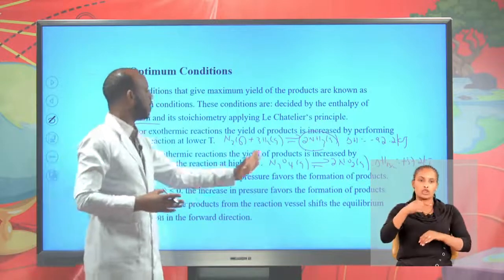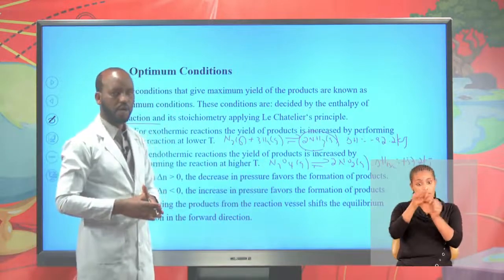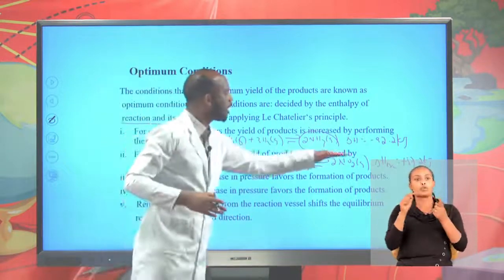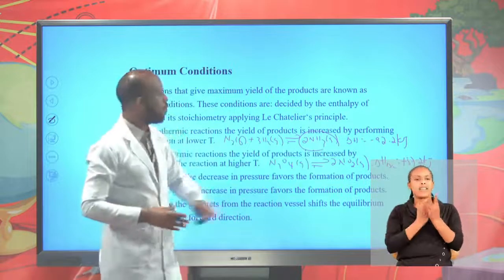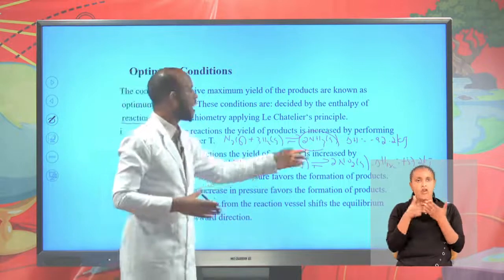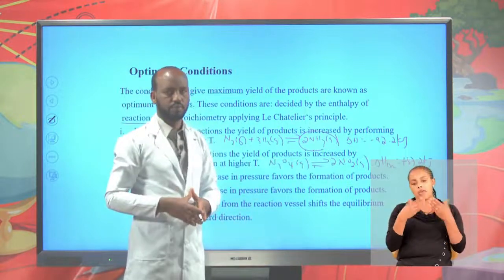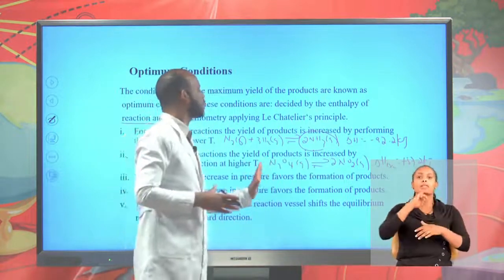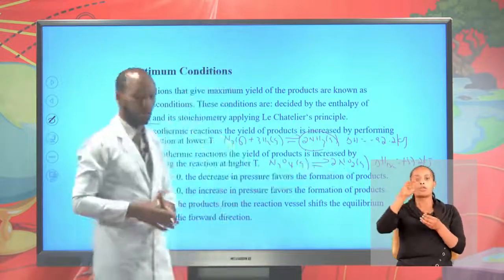When the temperature of this system increases, equilibrium shifts to the endothermic side. More products are formed. Therefore, formation of product is favored when temperature increases for an endothermic reaction.